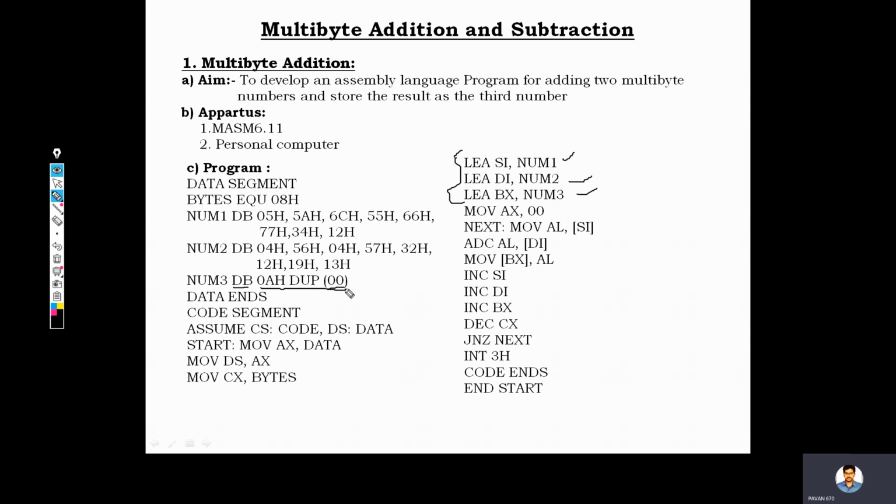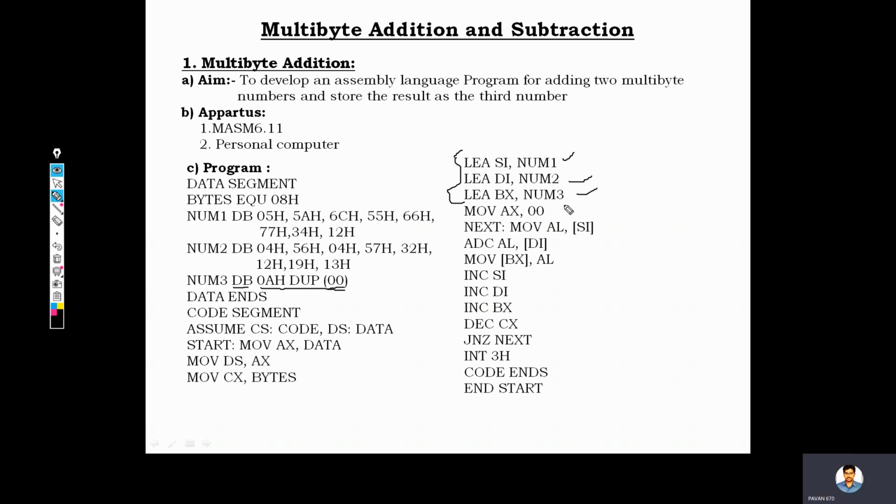We are initializing each location under num3 with 00. How many locations I allocate here is up to my interest. Let us say I can use 08H here, or I can use FFH. It is completely the programmer's interest how many locations you want to allocate under the name num3.